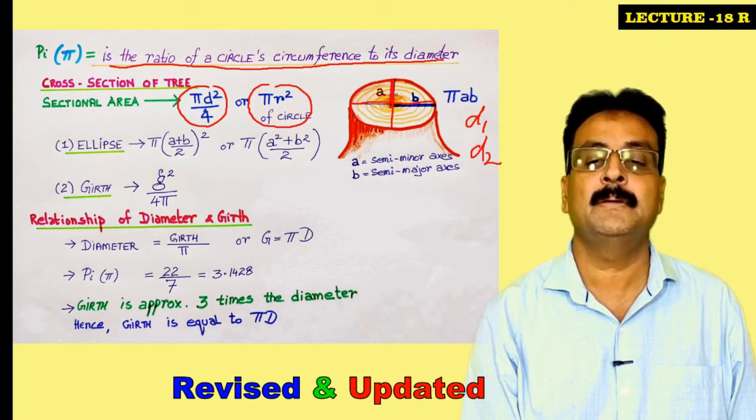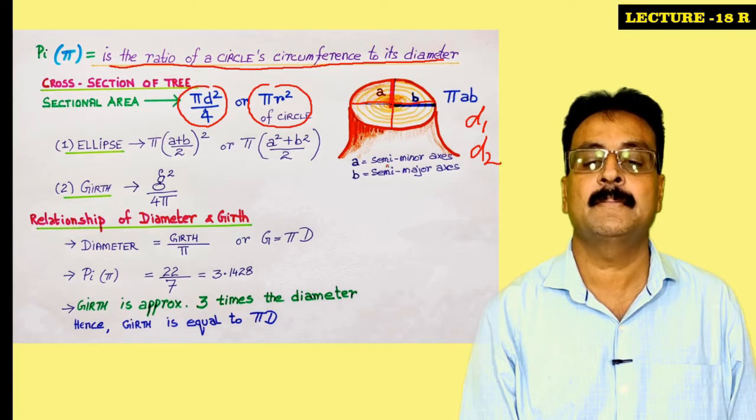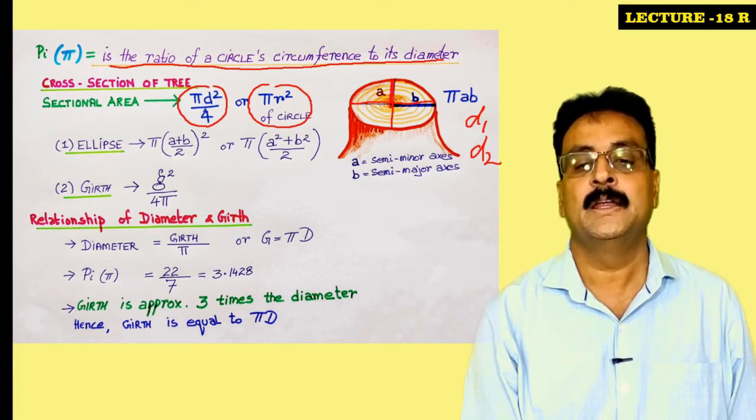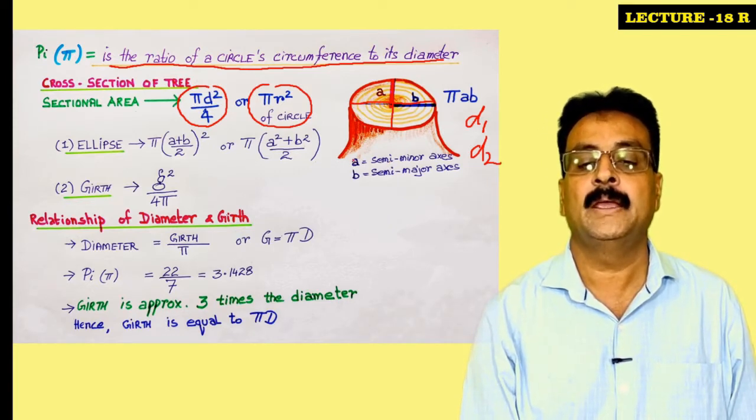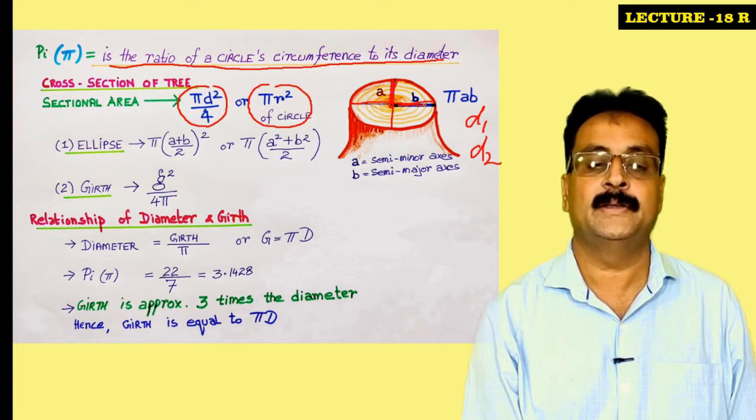When we take the semi minor axis, we may say it is a radius, and when we say the semi major axis, we also say it is a radius. It may be A or it may be B. A is the semi minor axis, and this is the semi major axis, may be radius.